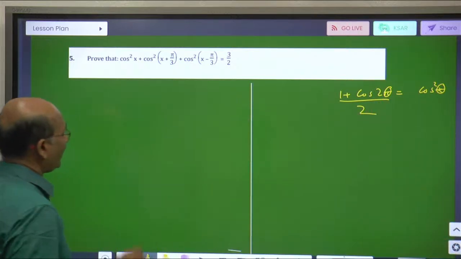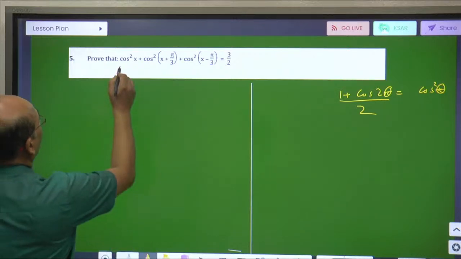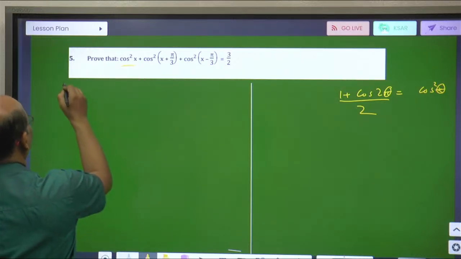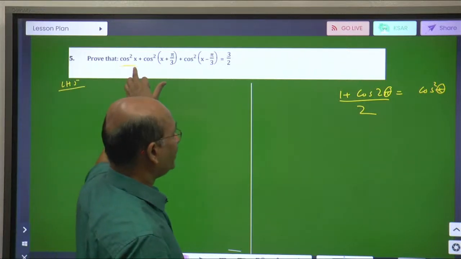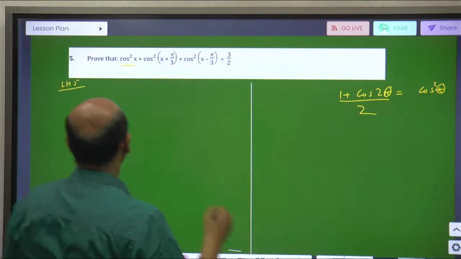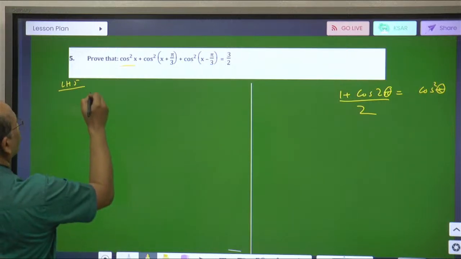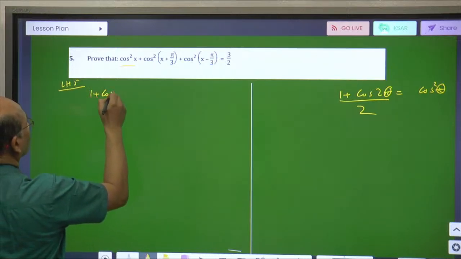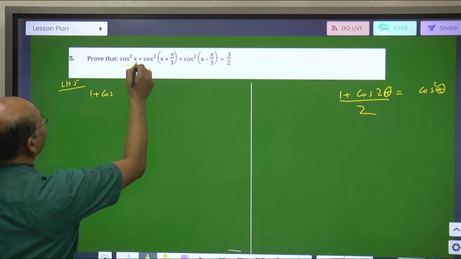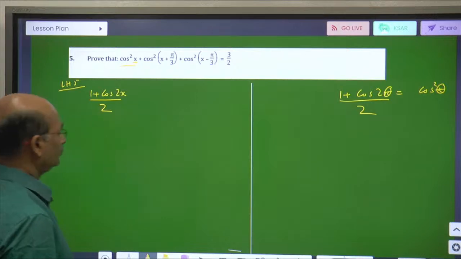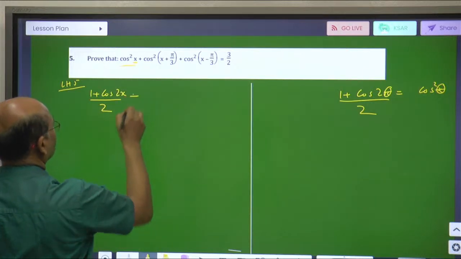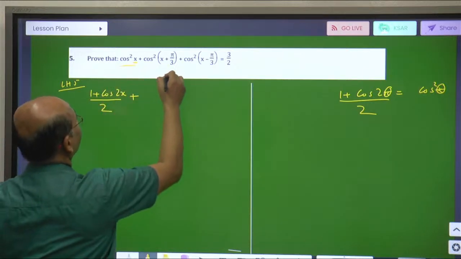So pay attention now. I am talking about the LHS, very carefully. Cos square theta is what? 1 plus cos 2 theta, this is my theta, upon 2, plus, again this is my theta now.